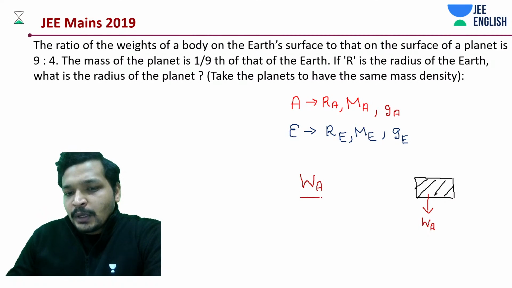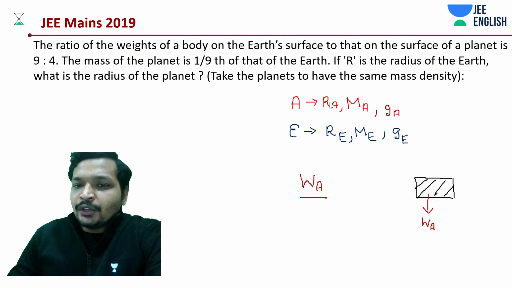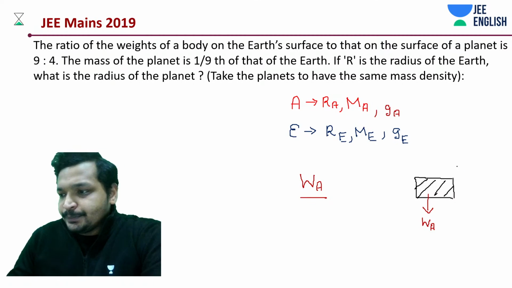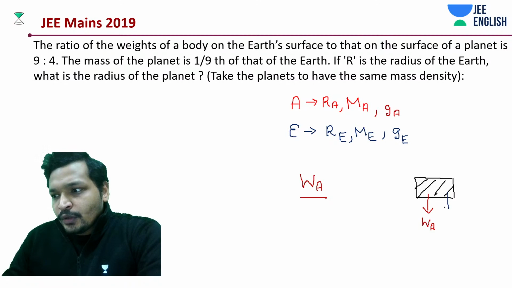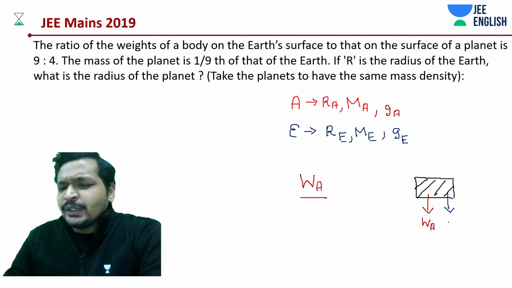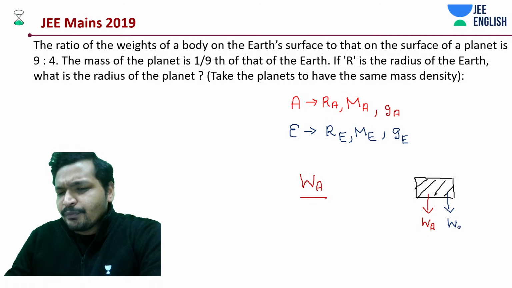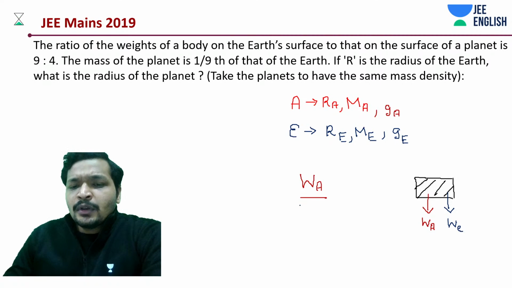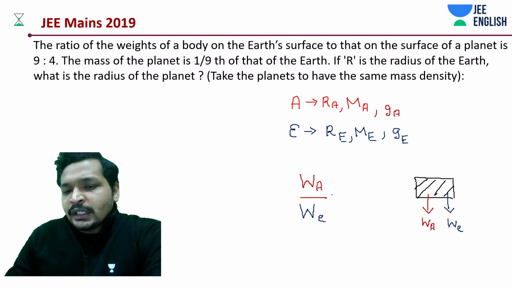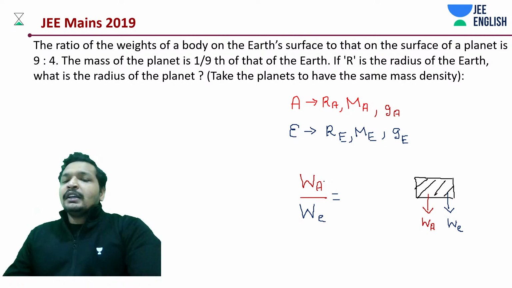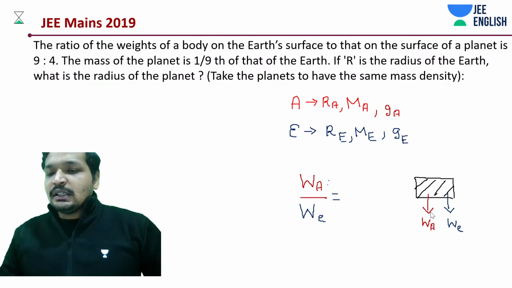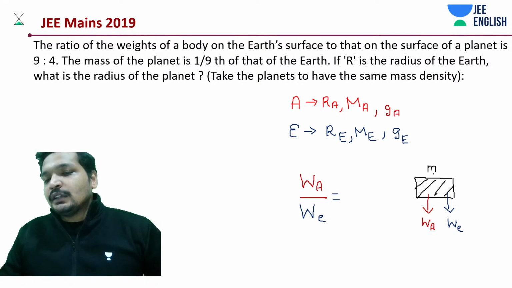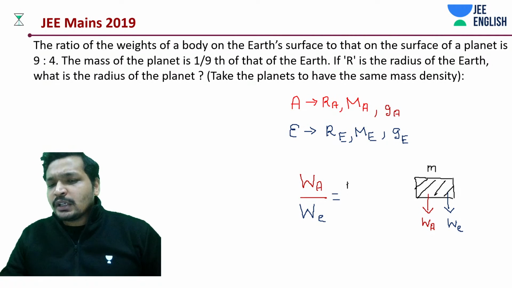Then you measure on Earth, you find the weight to be WE. One thing is constant here. What is that? The mass of this block is going to be constant irrespective of the location.